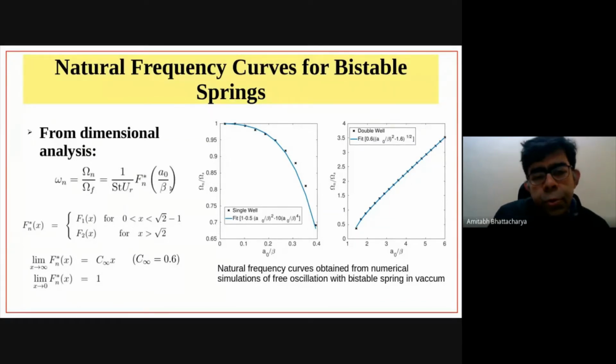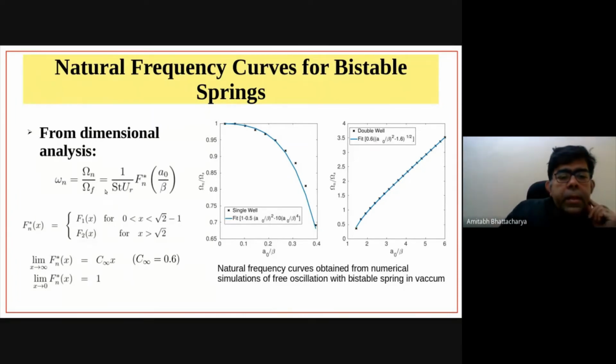You can show by dimensional analysis that your non-dimensional natural frequency, omega n by omega f, is going to have this kind of form. Here I have non-dimensionalized with respect to the vortex shedding frequency, which is why you get the reduced velocity and Strouhal number as non-dimensional numbers. And this non-dimensional function is a function of a naught by beta.